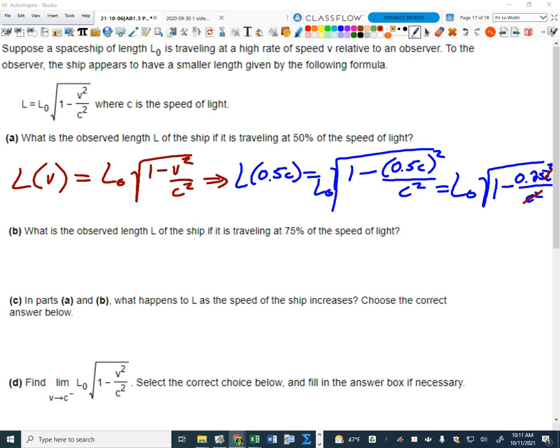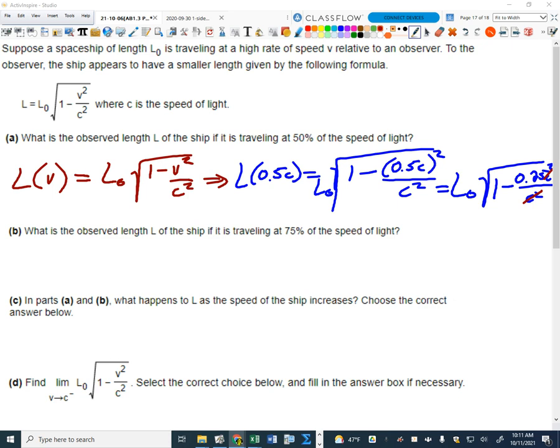I'm going to call this x instead of v. We're going to call x our velocity. And I'm going to call a my initial length.